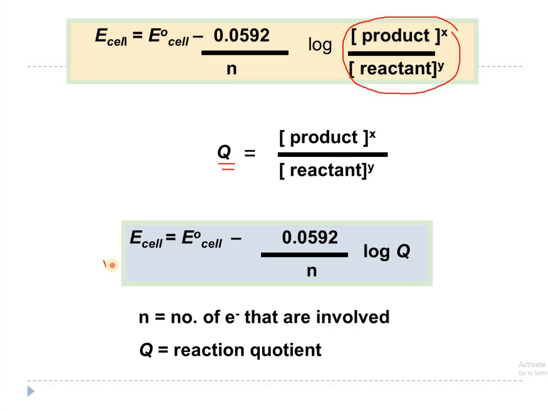Finally, we have the new formula for the Nernst equation: E cell equals E naught cell minus 0.0592 divided by n, log Q. E cell stands for the cell potential, E naught cell is the standard cell potential, n stands for the number of electrons involved, and Q stands for the concentration of product divided by the concentration of reactant.